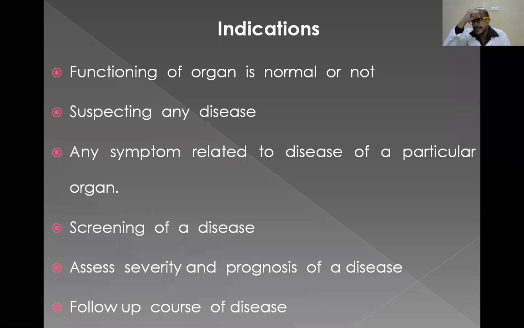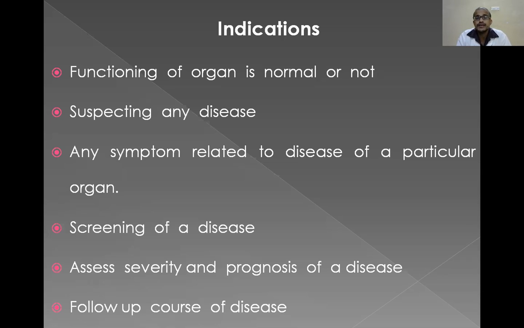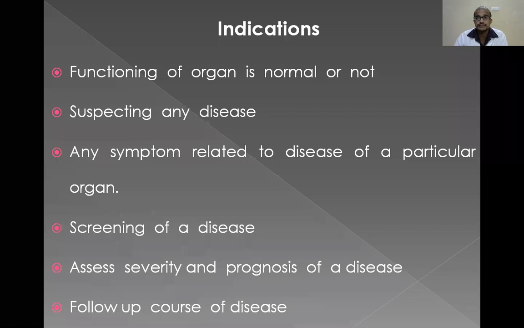test. And screening means a set of people are screened for a disease, whether they are having that disease or not. For example, in a company, if there are 500 employees, then we will screen all the employees, the fasting blood sugar or the random blood sugar, to see whether they are having diabetes or not.